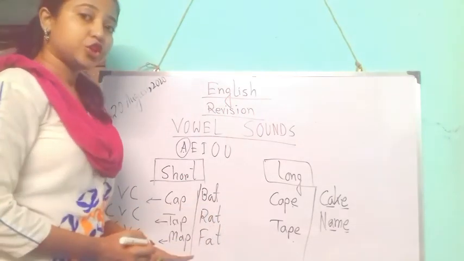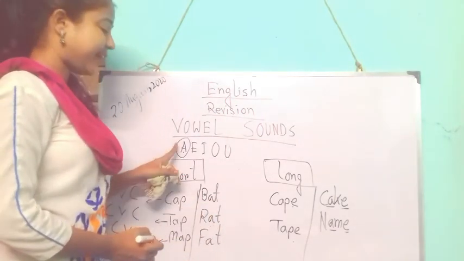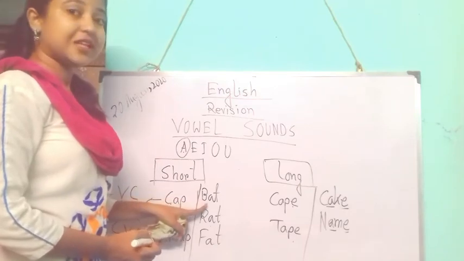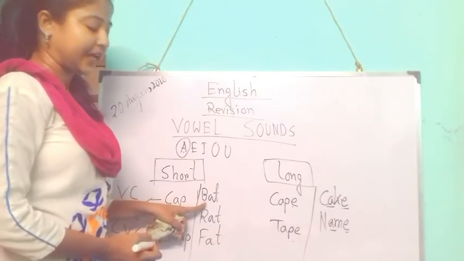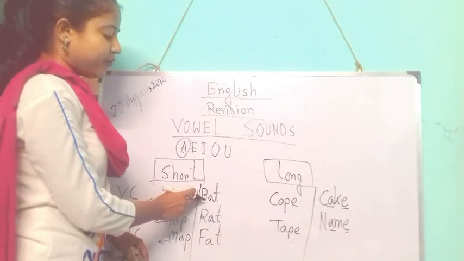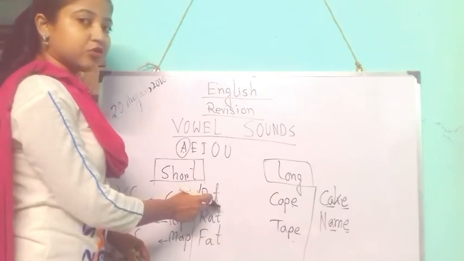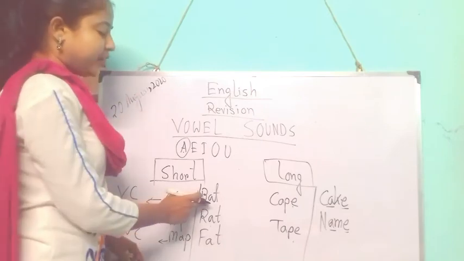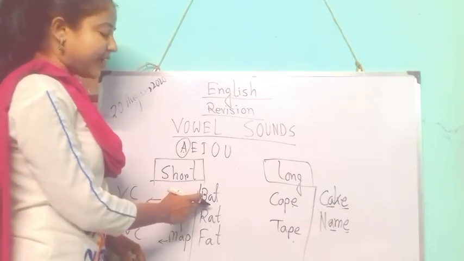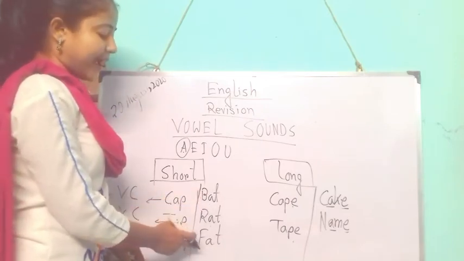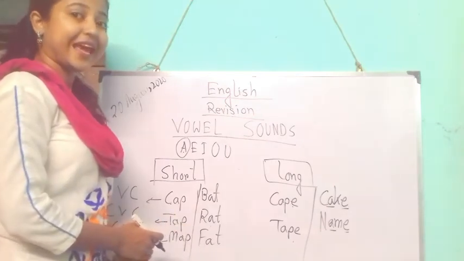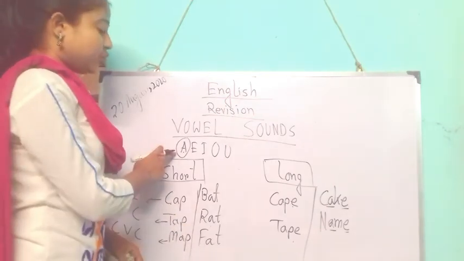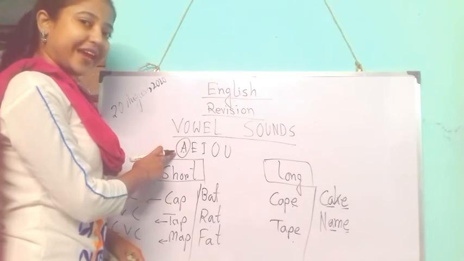These are all short sounding words of A because it sounds like a, not A. The formation: first consonant, then vowel, then again consonant. Only one vowel is here. That's why it is bat, rat, fat, sounds like a. And it is short sounding words of a.